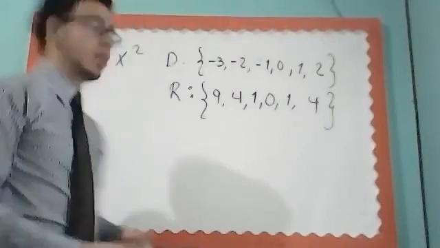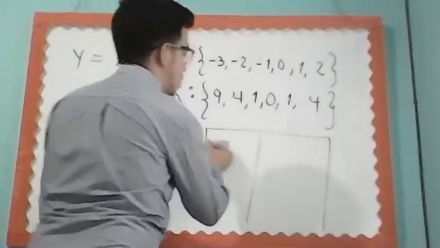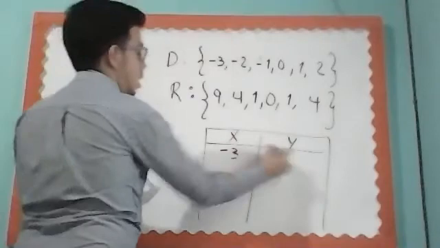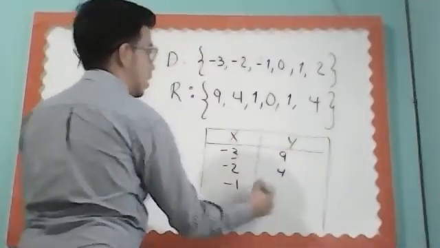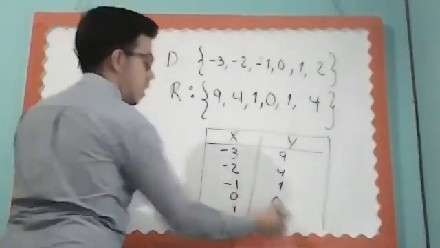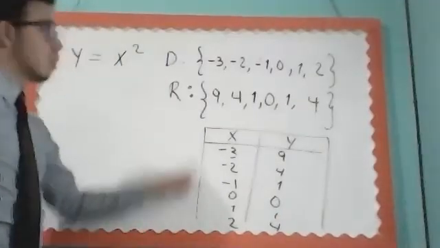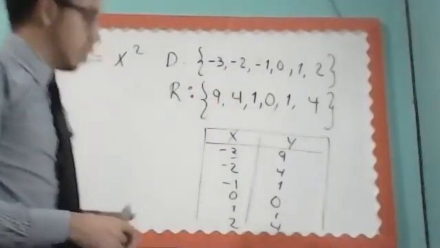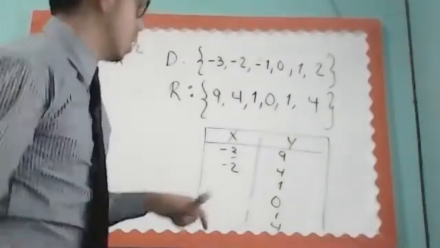You write all the values for the x and all the values for the y: -3, 9; -2, 4; -1, 1; 0, 0; 1, 1; and 2, and the last one is 4. You can complete it like this, or you can work since you already have the values on the domain and the function.